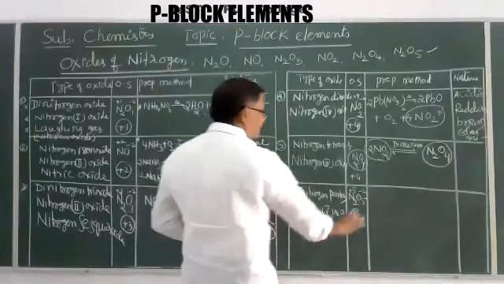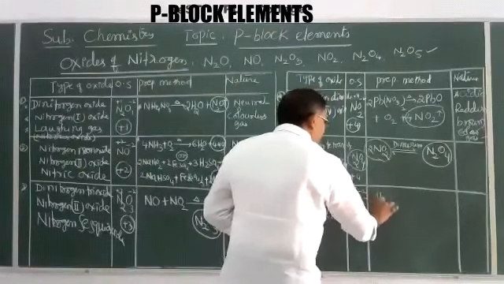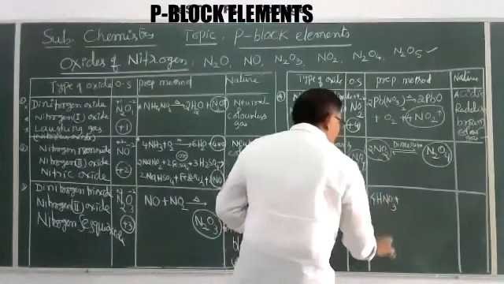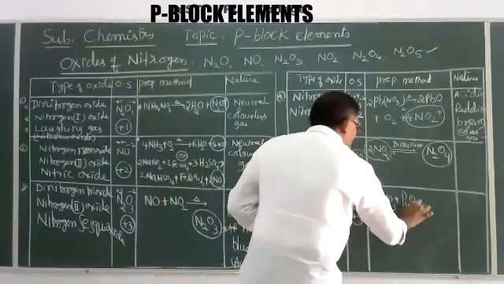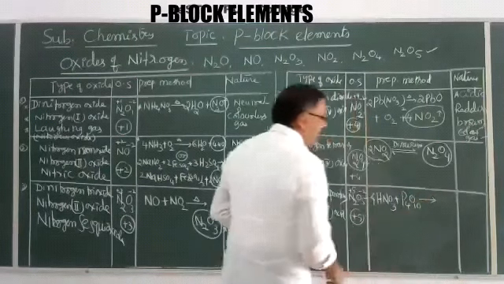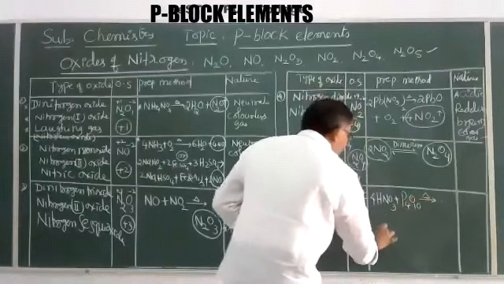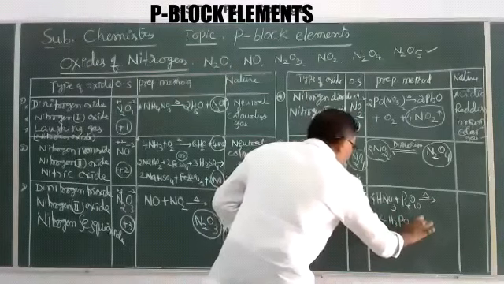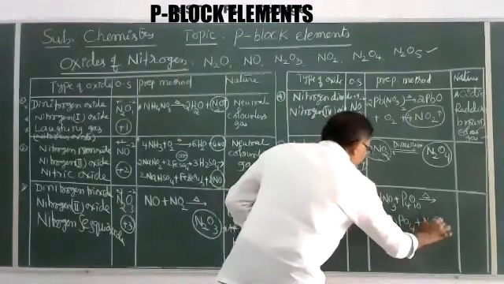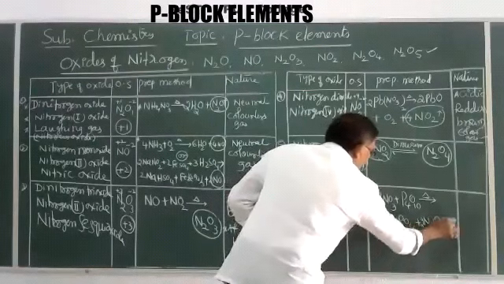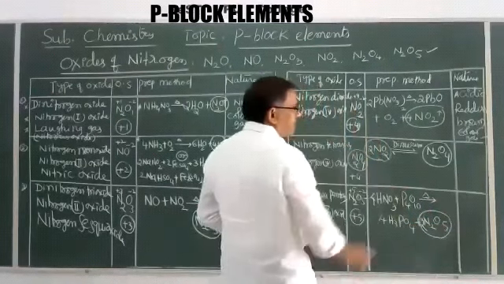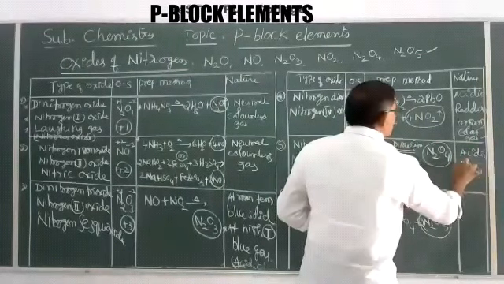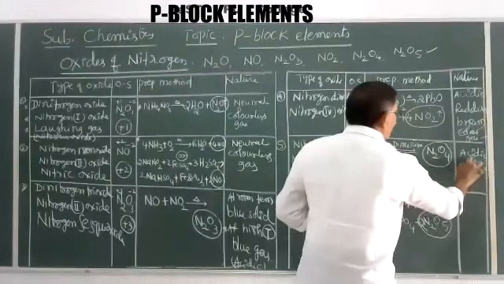It is prepared by using 4 moles of HNO3, nitric acid, reacted with P4O10, phosphorus pentoxide, on heating. We'll get 4H3PO4 plus N2O5 is formed, 2 moles of N2O5. These two are acidic in nature, colorless.